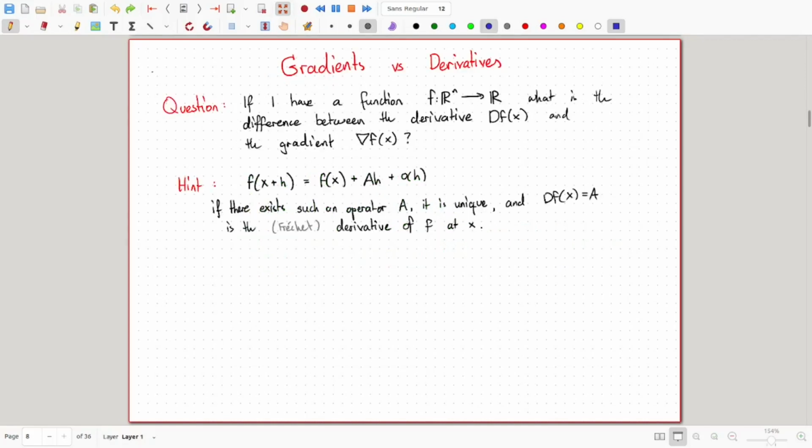So now we're on to the next part, which is distinguishing gradients and derivatives. Here's a question. If I have a function from Rn to R, what is the difference between the derivative of the function at a point x and the gradient of the function at a point x? And I'll give a hint.